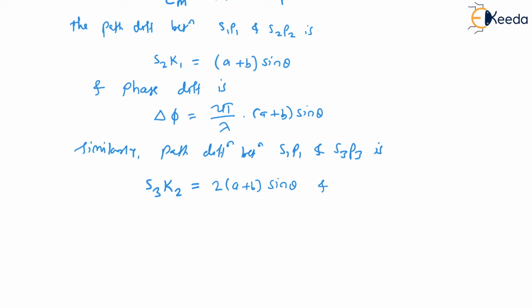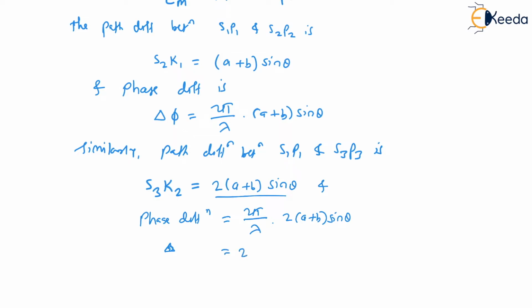So again, here we can write the corresponding phase difference. So the phase difference will be what? Let it be delta phi, or just write it as 2 pi by lambda into path difference. So this value, 2 into A plus B into sine theta.